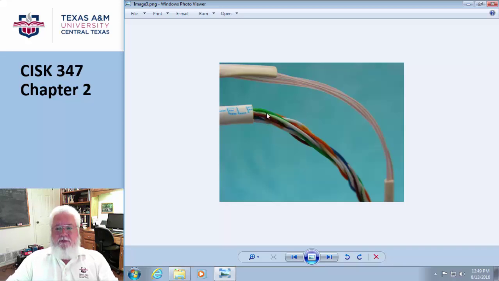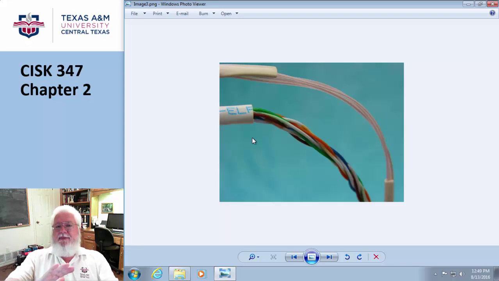In the old days, the category 3 stuff is basically what the phones use, essentially. And it has about 3 or 4 twists per foot. And the book says that category 5 has 2 or 3 twists per inch. And I'm thinking, dude, no. Those guys are smoking dope. That's not the way it works.